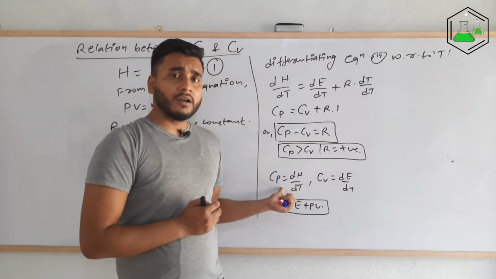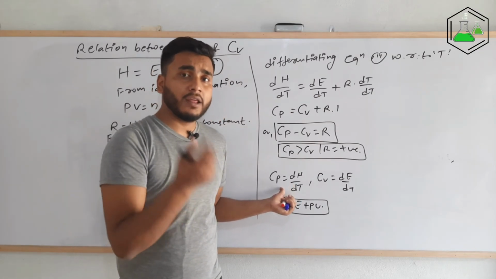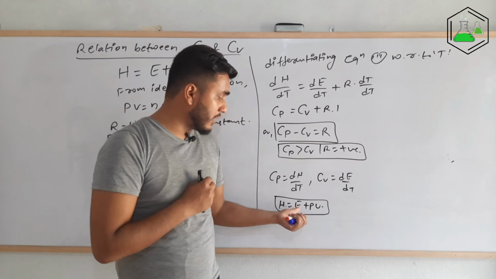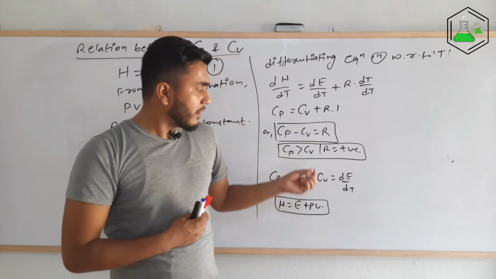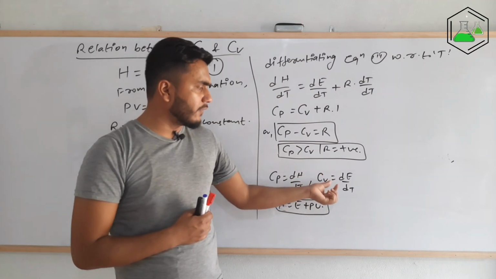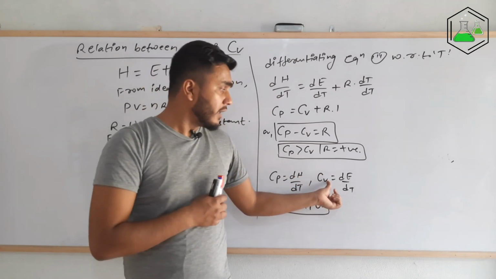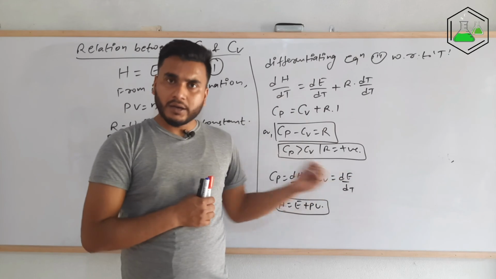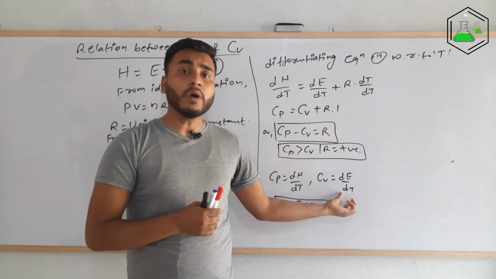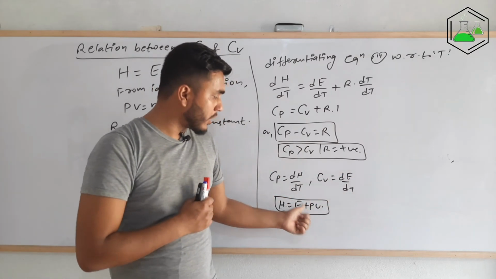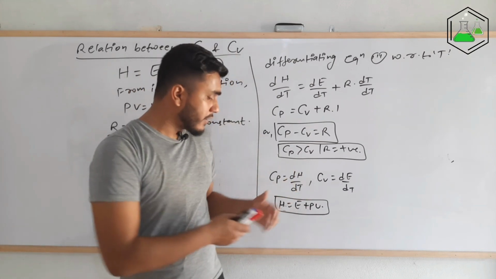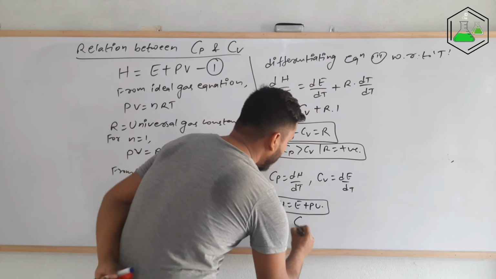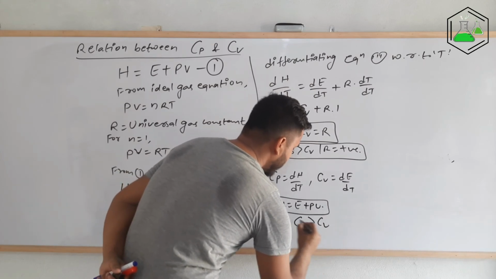At constant pressure, the amount of heat supplied is utilized for two things: to change the internal energy as well as to do work. But at constant volume, the heat supplied is only used to change the internal energy. That means it doesn't have to do any work. So to do work, it needs more energy. That's why the value of Cp is always greater than the value of Cv.